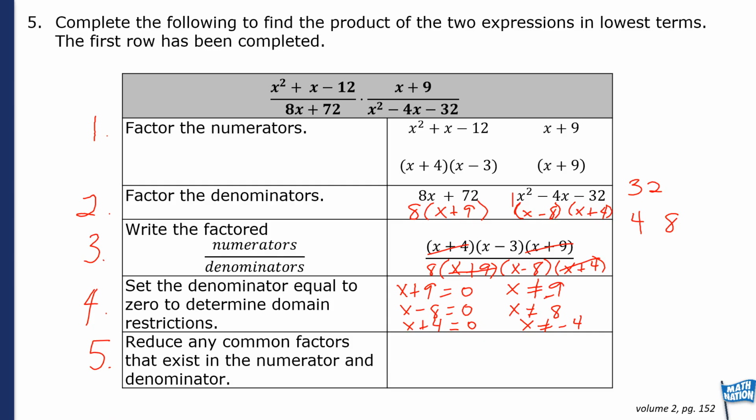Is there anything else that we can cancel out? No, that's correct. So what's remaining, we have in my numerator, x minus 3 over 8 parentheses, x minus 8. So that's in factored form.